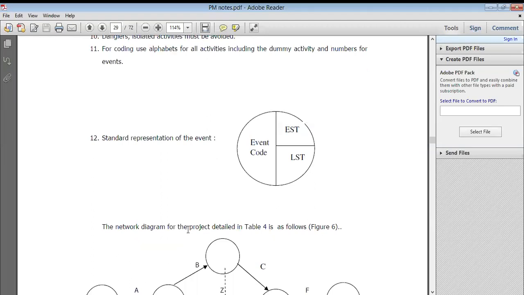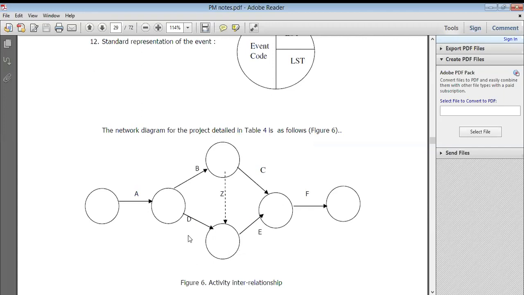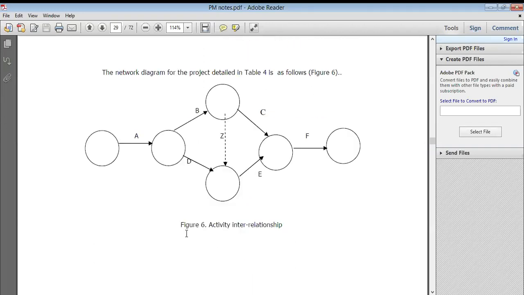On that basis we create that diagram, called the critical path of interrelated activities, because everyone is dependent on each other for that particular work.